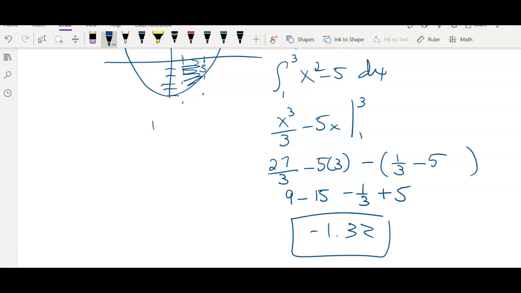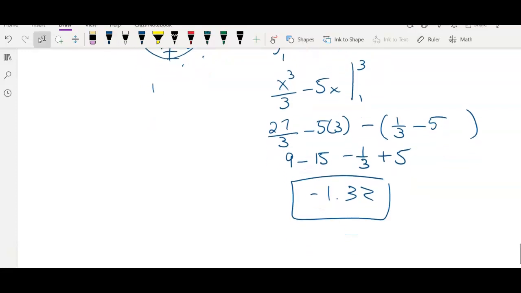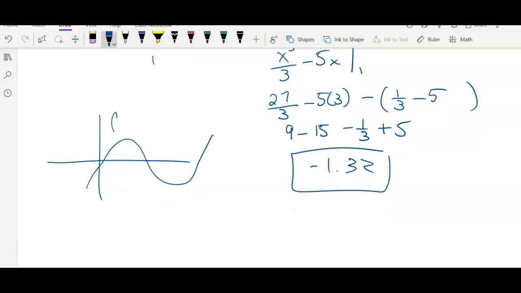That's going to happen anytime your area is below the axis. So you just got to be careful, because if you want total area, it's a little bit different. If you want total area between 1 and 3, now we're talking positive. Where this gets tricky and what you'll see in math lab, the sine curve, right?